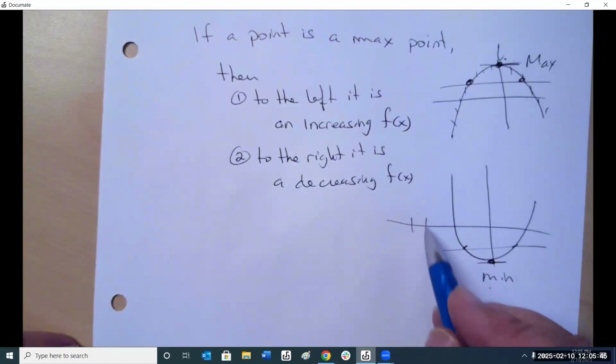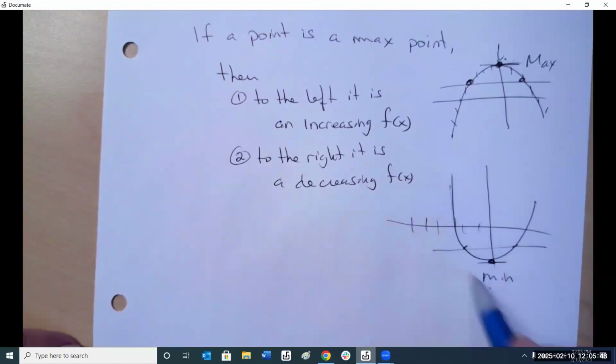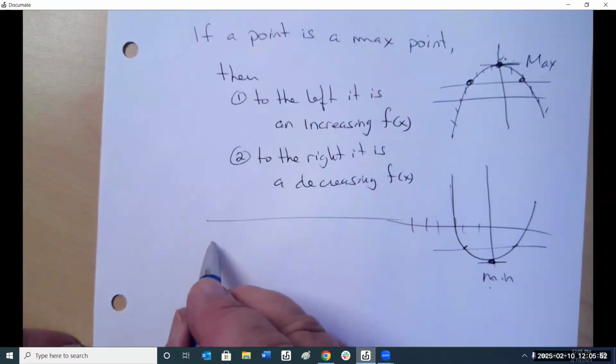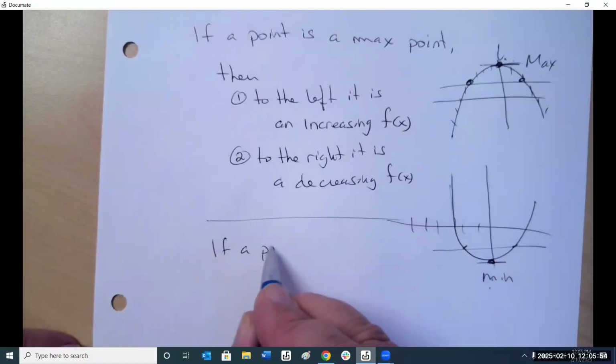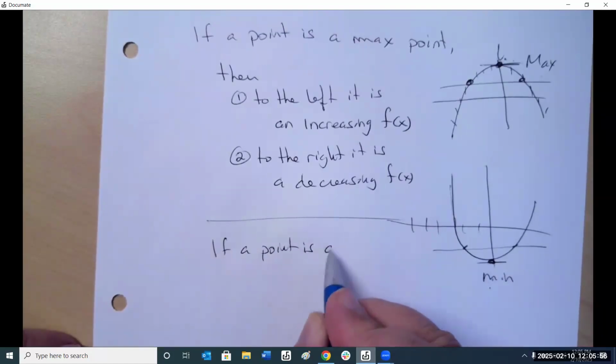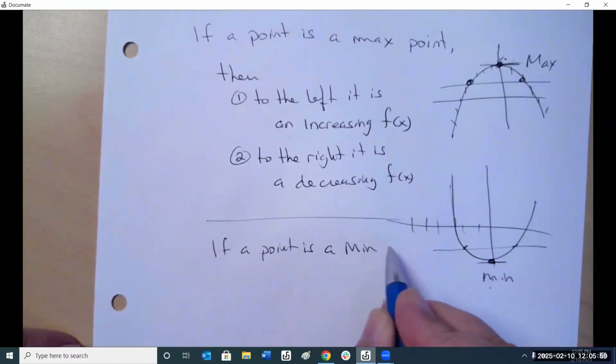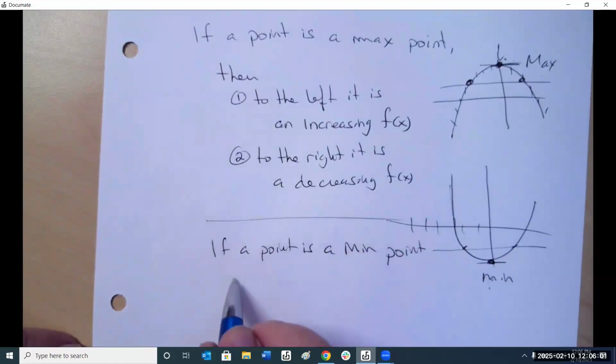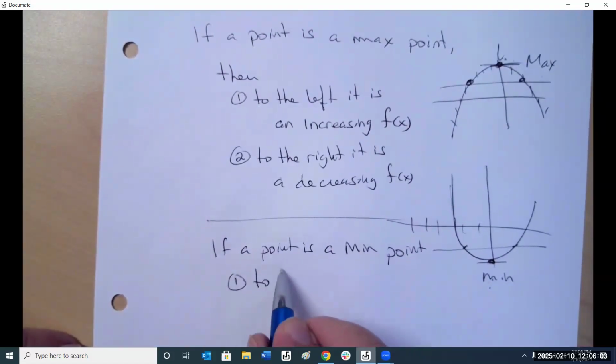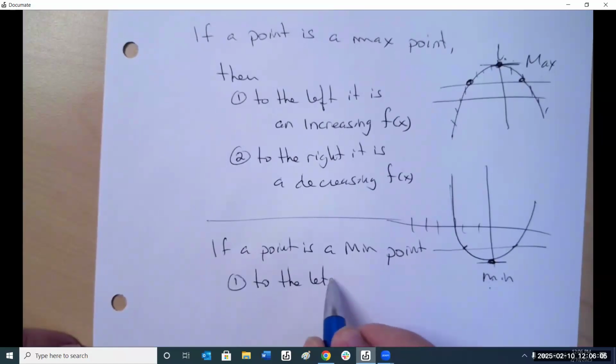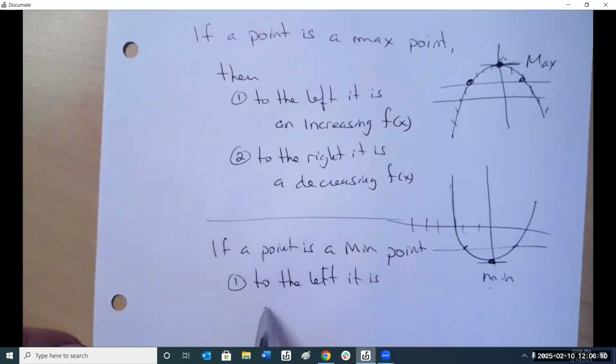Remember, as we go left to right on x, what happens to the left of x for a minimum? If a point is a min point, then to the left, it is a decreasing function.